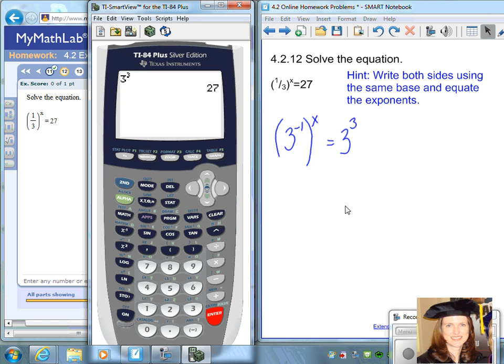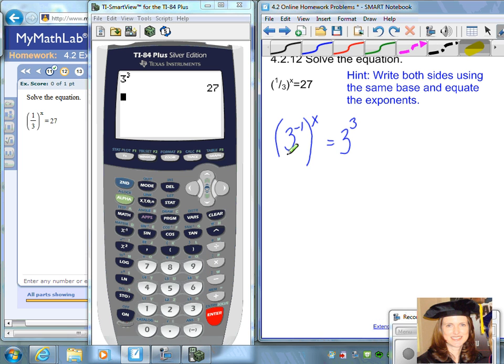So what I did here was rewrite 1/3 as 3 to the -1 and 27 as 3 to the 3rd. The reason I did that was so that this base is equal to this base, and so we want the exponents to be equal.